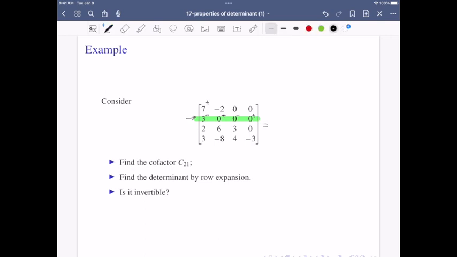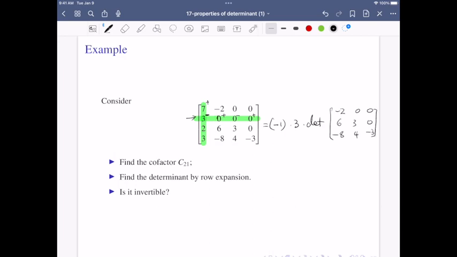Because this is a negative sign, we write negative 1 times 3 times the determinant of its minor. The minor is, if you delete the corresponding row and column, negative 2, 0, 0, and 6, 3, 0, negative 8, 4, negative 3.